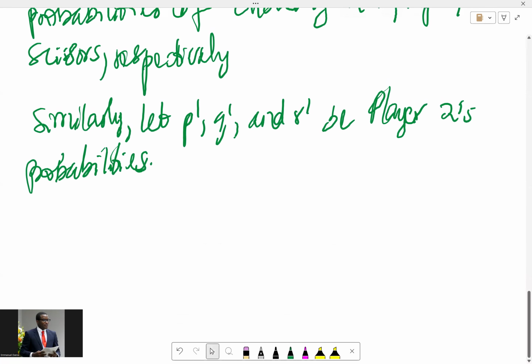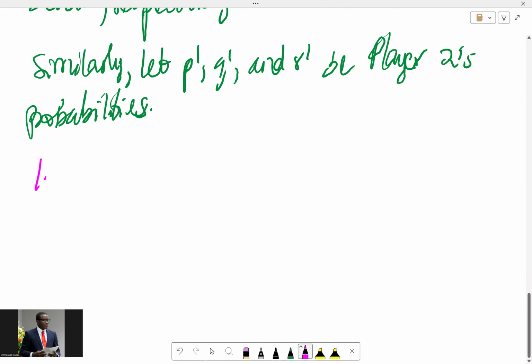Okay, so now we have number one. Let's look at player one's expected payoff.